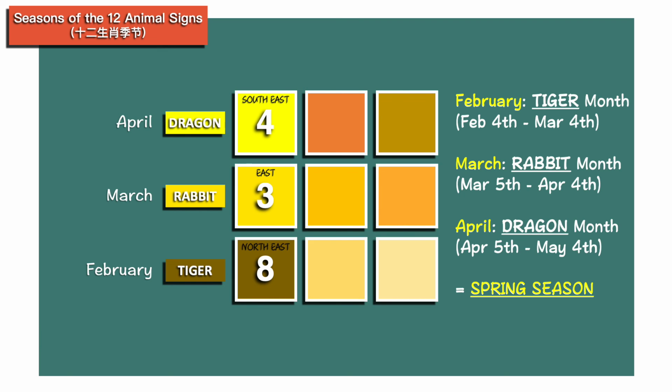For the spring season, they are represented by the animal signs of tiger, rabbit, and dragon. These are the months covering from February, March until the end of April.